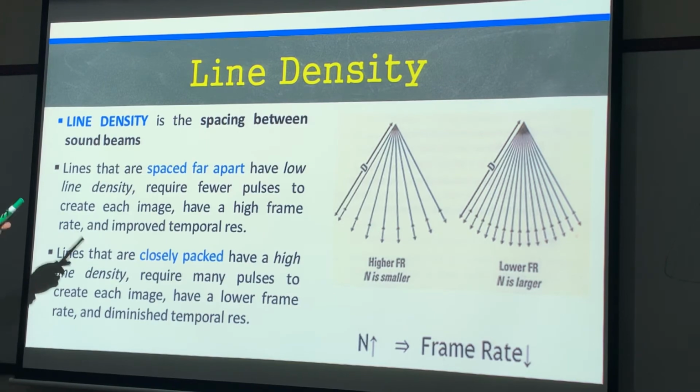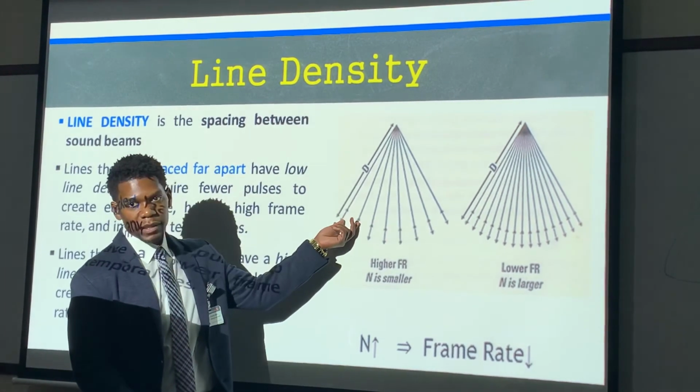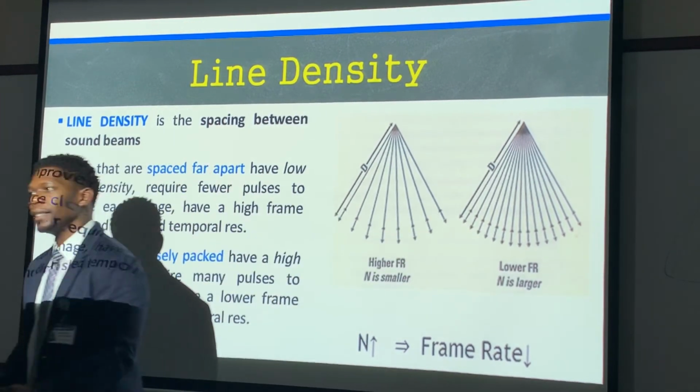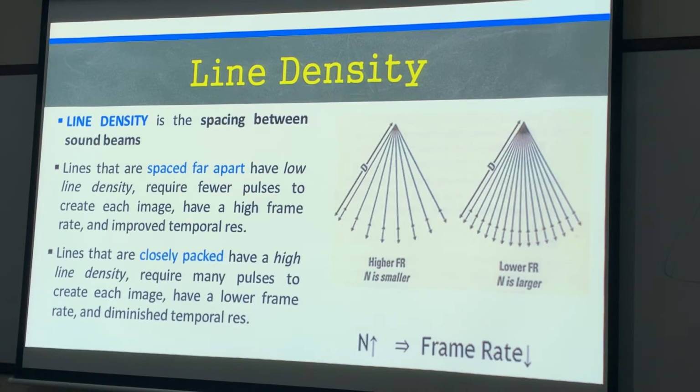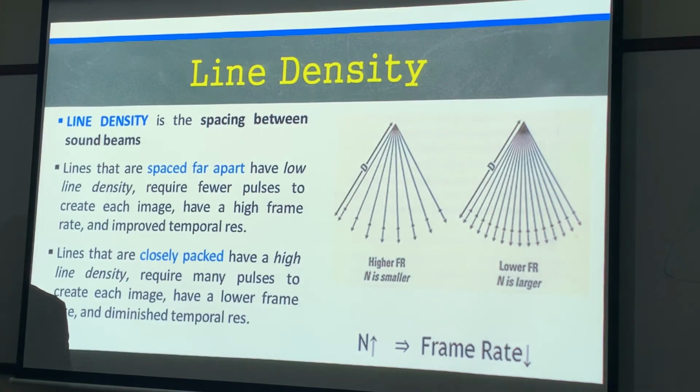Now I'm talking about line density, meaning this space right here, the distance from this space compared to the distance to this space. Now I'm changing the detail resolution because now I'm sending out more scan lines because I want to cover more anatomy. That's going to make my image more accurate, right? My ultrasound machine doesn't have to make up that information. That's what the ultrasound machine really does. When it's missing information between each scan line, it has to kind of make up that information that's missing.